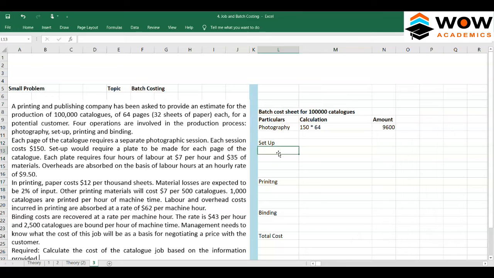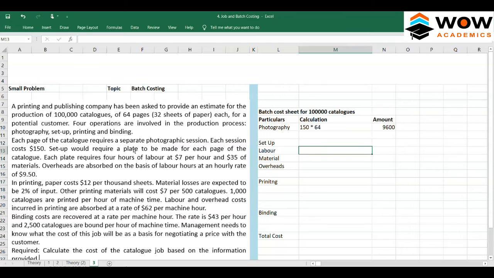So there are actually three things here: one is going to be labor, the other one is going to be material, and the other is going to be overheads. So three things are involved here. So we'll start.